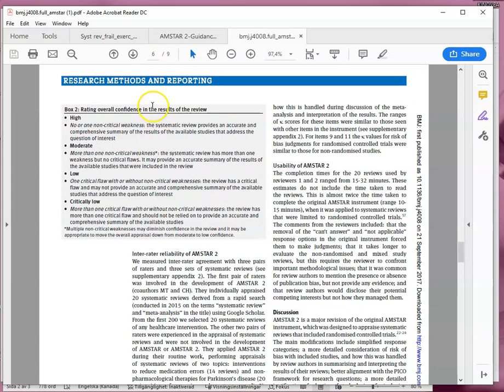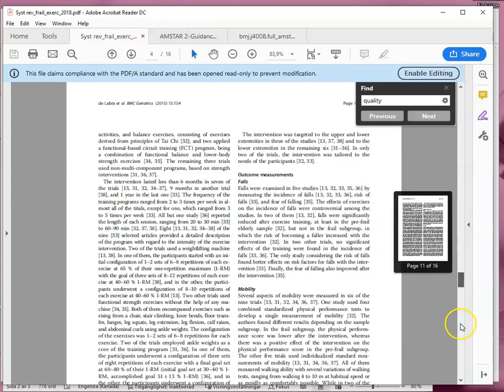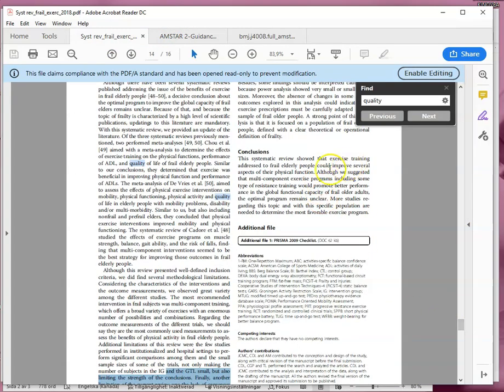If you have confidence in the results of the review, and the result shows that, we go back to the results, to the conclusions. I think at the end, this systematic review says that it could improve several aspects of physical function. So that is very good, and maybe there is some evidence, but not that much.